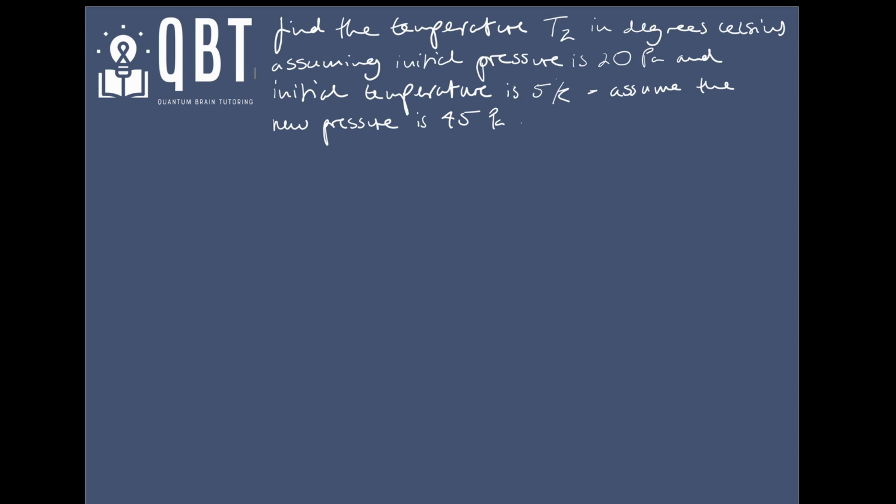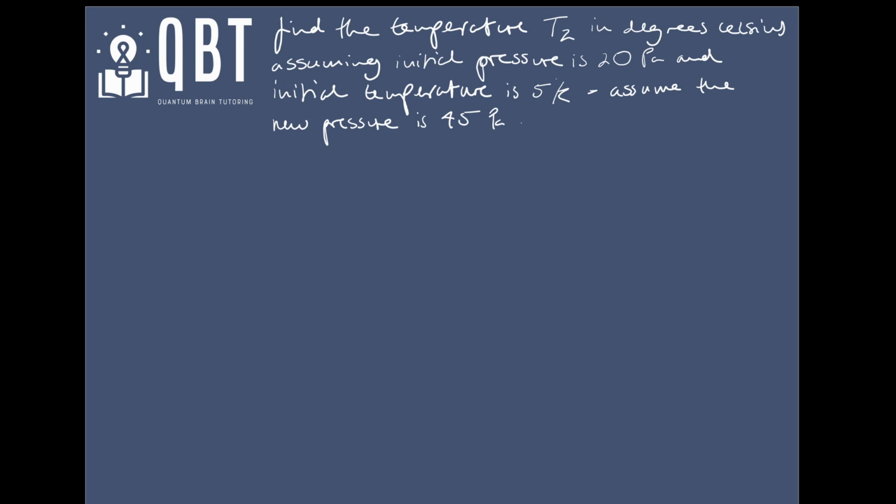But the reason that things need to be in Kelvin is because we know that the Kelvin temperature of a gas is proportional to the average kinetic energy of its molecules, right? We know that as we increase temperature, we give those particles more kinetic energy to move around. And obviously that's related to pressure, right? You think more movement, more frequent collisions, and more collisions means there's more force exerted.